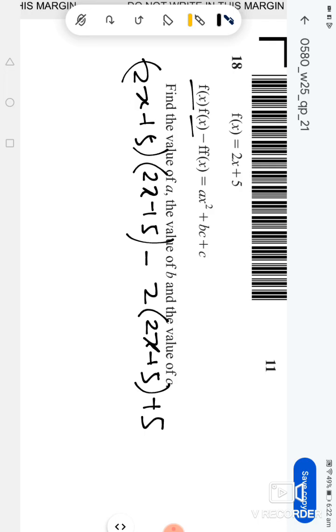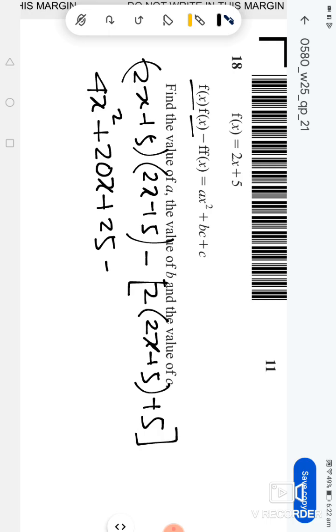So a square, 2 square, that means 4x square plus 2ab, 10 times 2, 20, so 20x, and plus b square, 5 square, 25, minus 4x plus 10 plus 5.